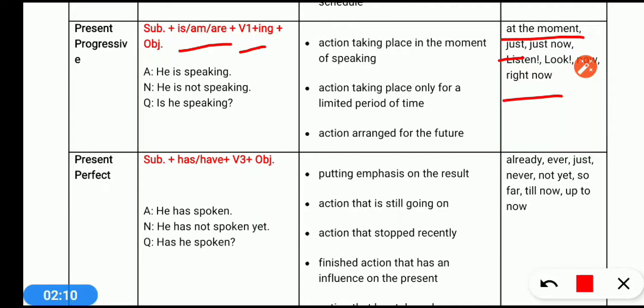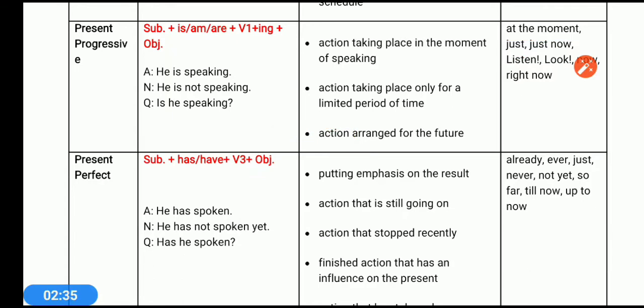This tense is used to tell what is happening right now when I am speaking, or nowadays what actions are going on.